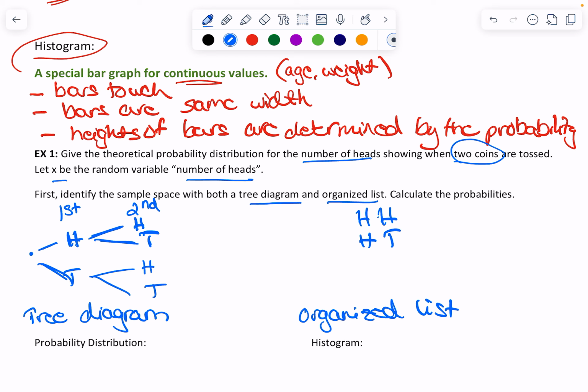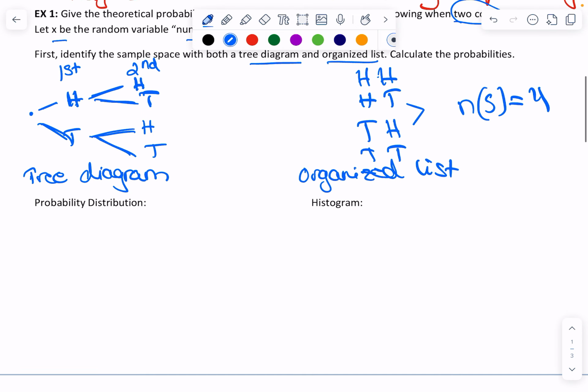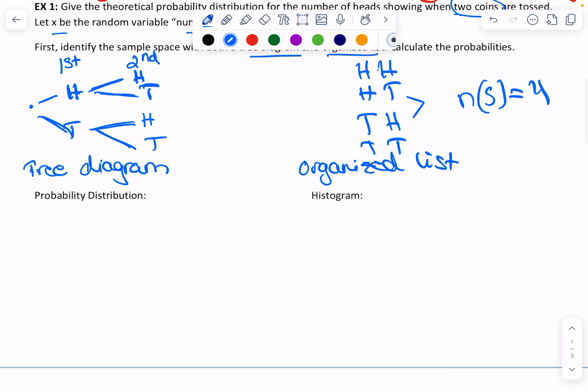Our first toss is if we get a tails, we can get a heads or a tails, so heads or tails. So how many do we have? We've got 4 different options. Now, these two are the same if we don't look at the order of how the coin is tossed.